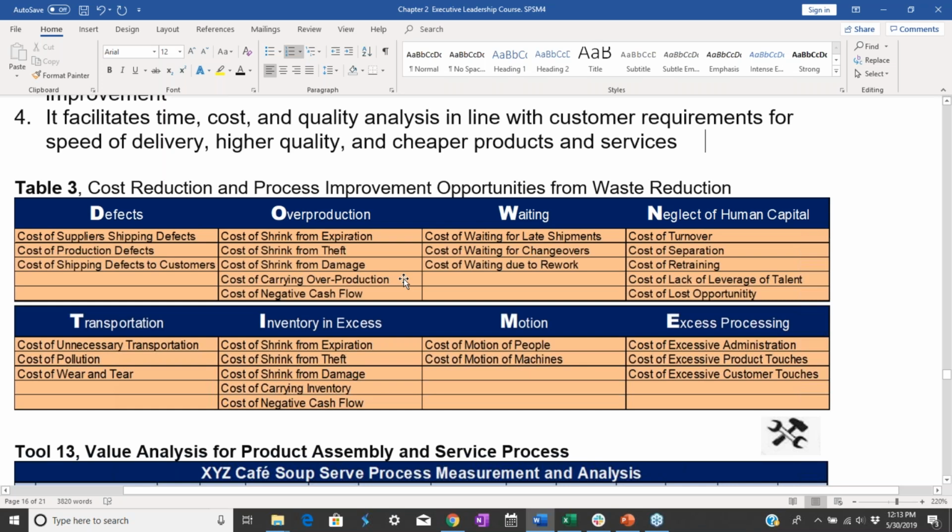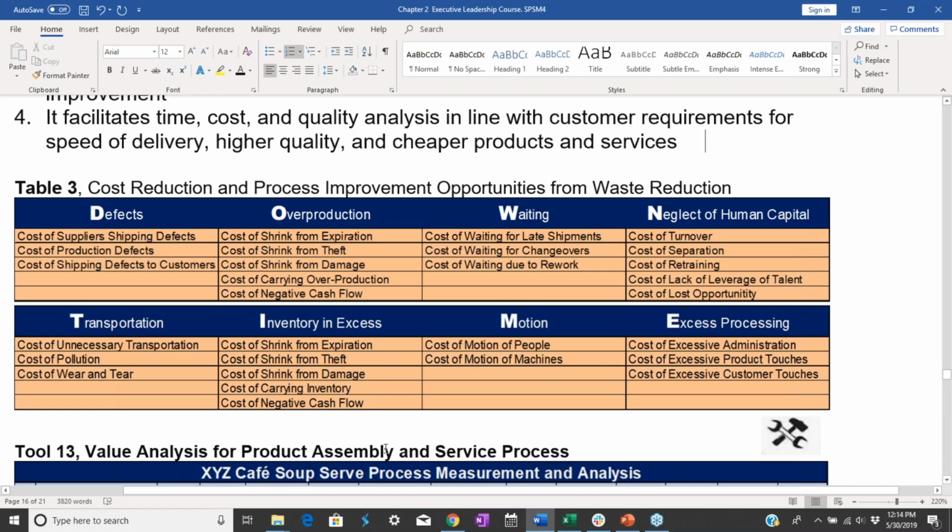The more we have, we're just increasing the probability that those products are fair game. And cost of shrink from damage, cost of shrink from just carrying over production, and the cost of negative cash flow. How something like this, as a result of overproduction, would affect our cash flow statement.